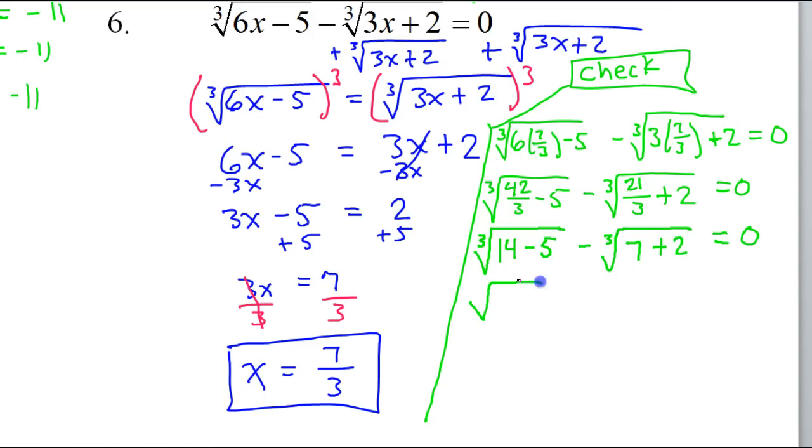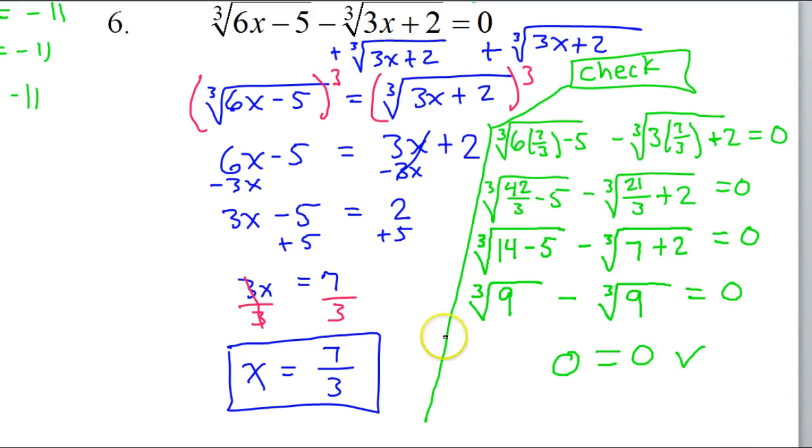So this would be the cube root of 9 minus the cube root of 9. Now we can't simplify the cube root of 9 any further, but we know that subtracting something minus itself will give us 0. So 0 equals 0. It does check out.